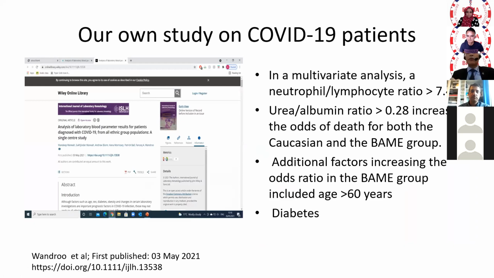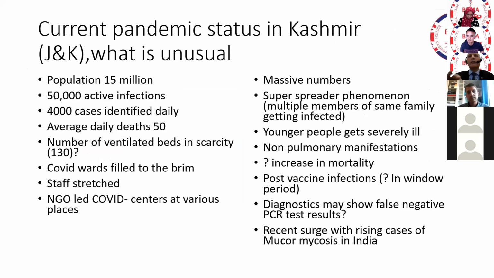This is a paper which we published from our trust recently, and we've shown the same as what many others have shown, that the majority of these patients have a very high neutrophil count and significant lymphocytopenia. So what we have shown is that a neutrophil lymphocyte ratio more than 7.4 or a urea albumin ratio more than 0.28, as well as diabetes and age more than 60 years is associated with high mortality.